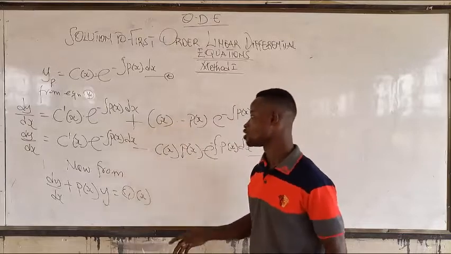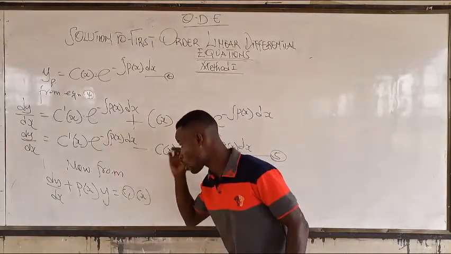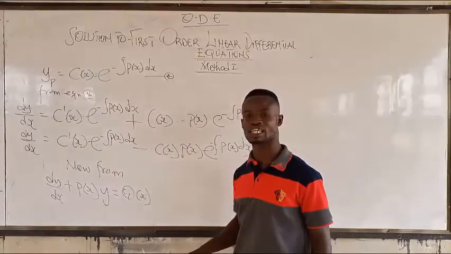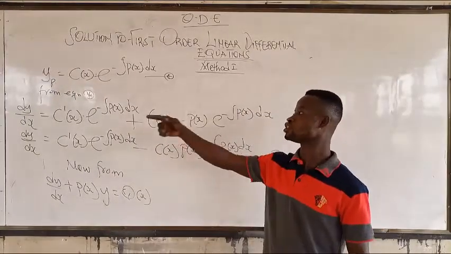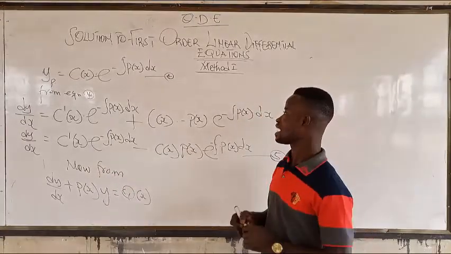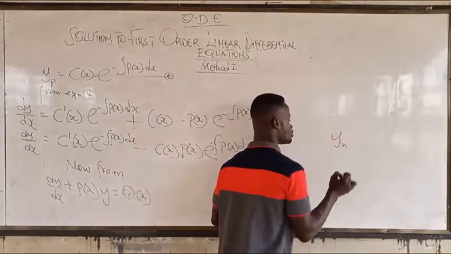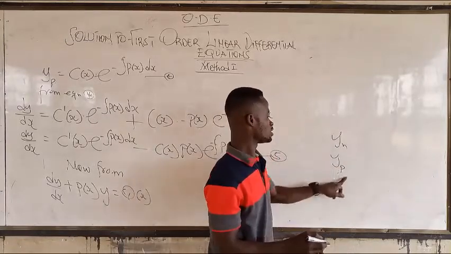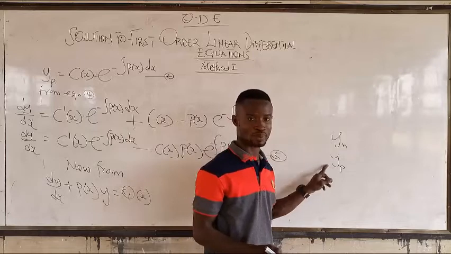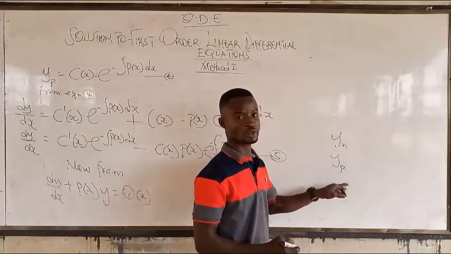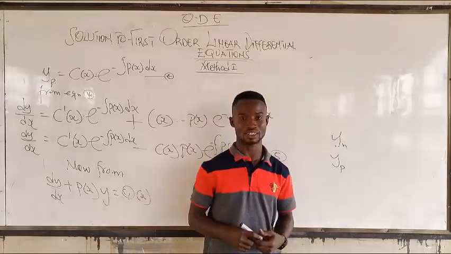So now we take it from the non-homogeneous part because we are looking for the general solution for the non-homogeneous part. The y subscript h means the homogeneous part, and this one means the non-homogeneous part. But it's supposed to be p. And now we get the particular solution.